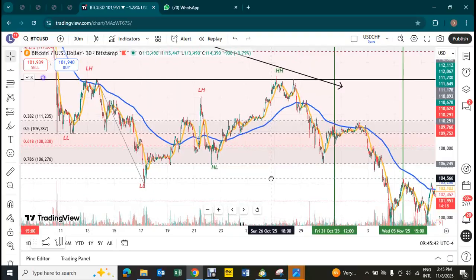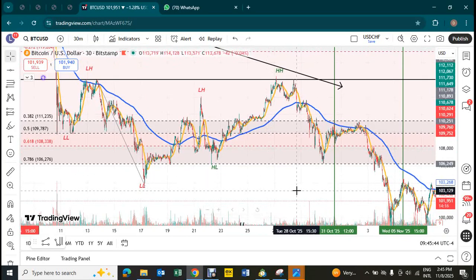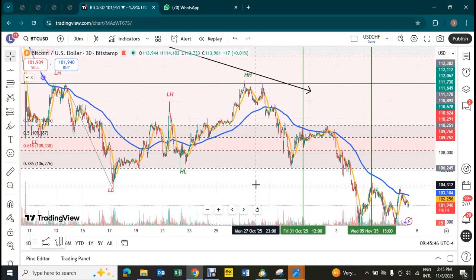Now what you need to do is draw your Fibonacci retracement. Remember, we've switched from downtrend to uptrend. So now we want to look for a higher low, and the Fibonacci retracement tool is going to give you an accurate one to know where your HL is, or your lower high.